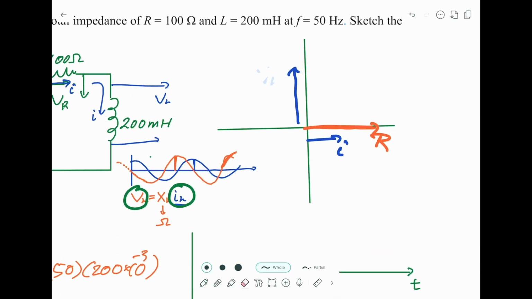So this time I plot the XL 90 degrees ahead of the resistance, and I remove this one. So this time in the phasor, we just plot the R and the XL. They are both measured in ohms.